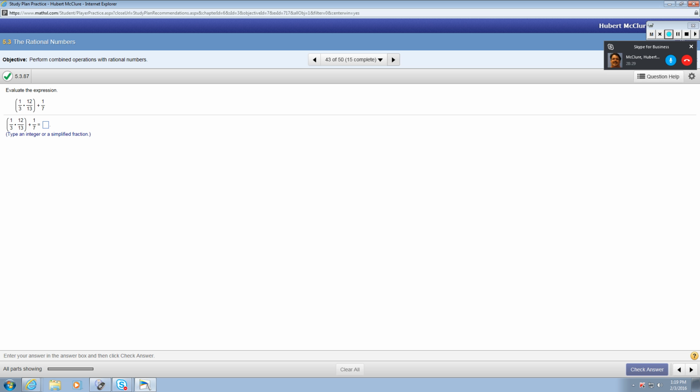So, what's 1 times 4? 4, and 1 times 13 is 13, and now I'm going to add 1/7, so I've got to have a common denominator. Well, both of those are what? What's 7 and 13? They're prime, so just multiply them together. What, 91?